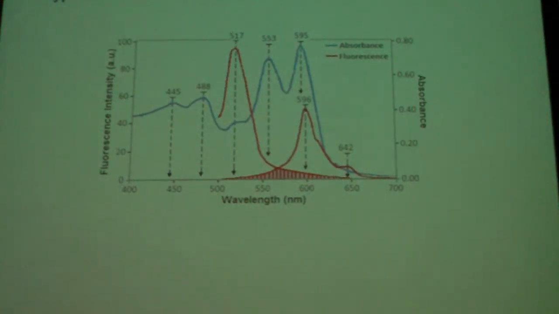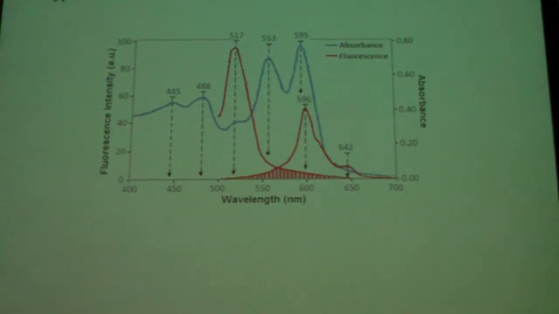In this picture, you can see the absorption spectra in blue and the emission spectra in red. As you see, there are several peaks. The first peak is around 444, the second is 488, the third is 553, and the fourth is 595.